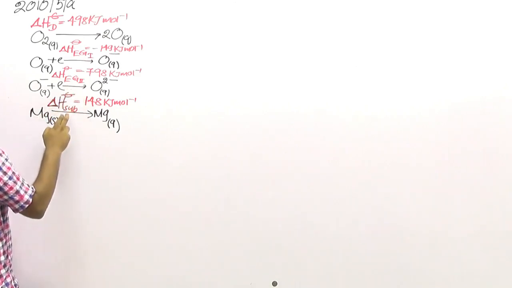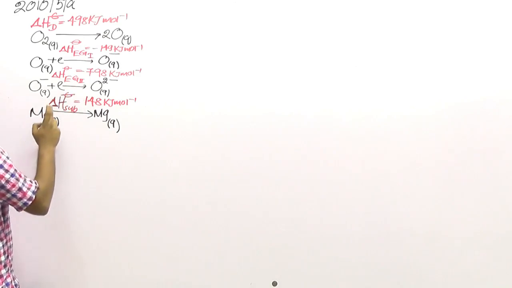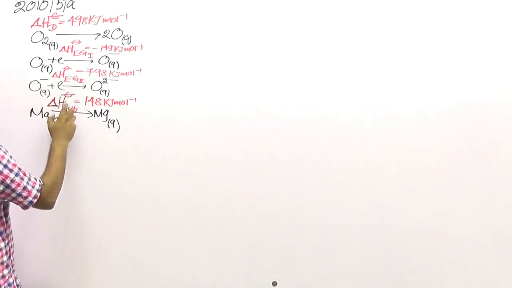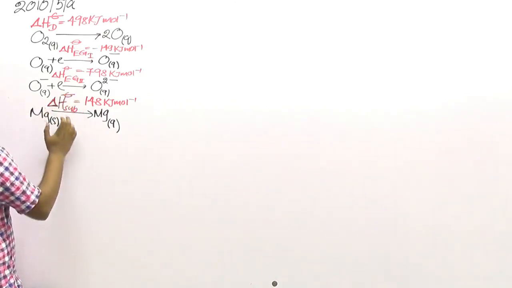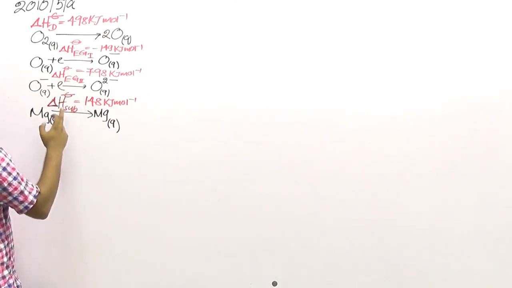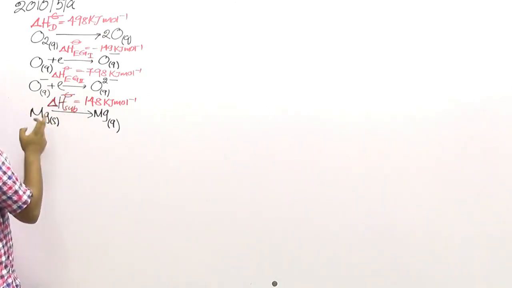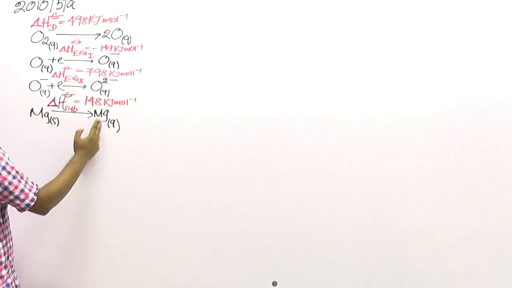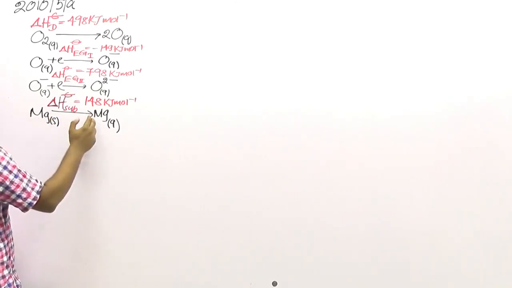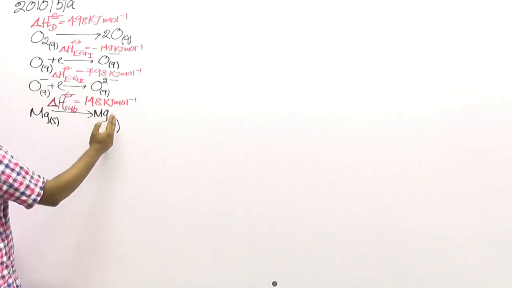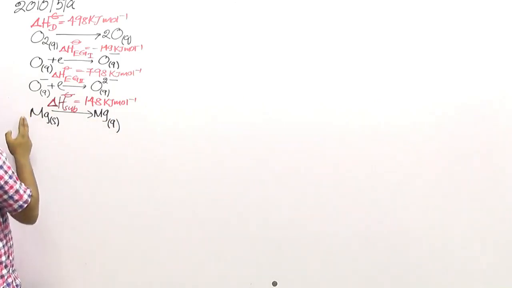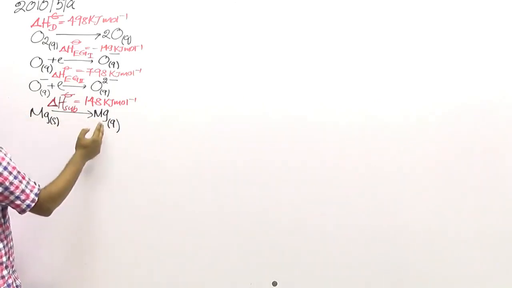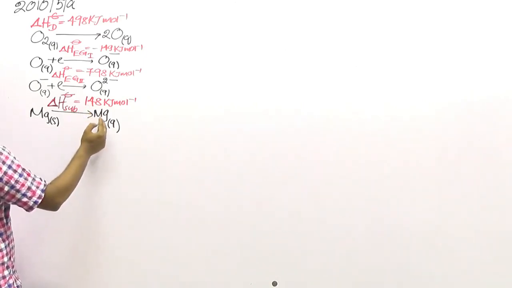Delta H naught sublimation of magnesium is that 1 mole of magnesium solid is converted into 1 mole of magnesium gas.